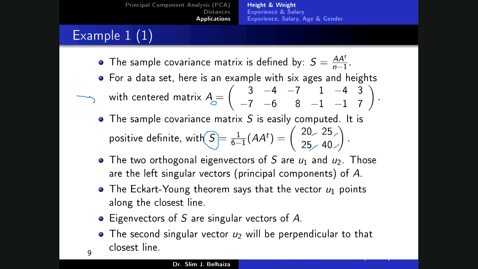Right. Now, if you work on S, what do you obtain? You obtain two eigenvectors, U1 and U2, and two corresponding eigenvalues. Okay. So what does the Eckart-Young theorem say?